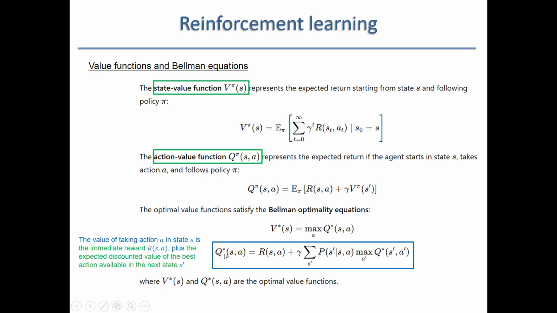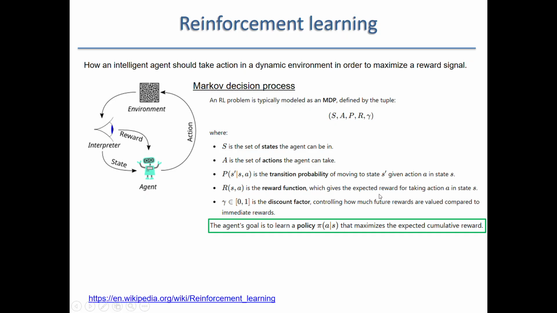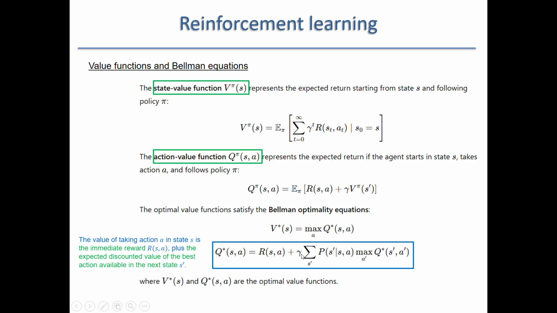The best action value function is the reward of taking action A starting in S. This was an expected reward, so it takes the whole sequence, plus gamma and then this term, which has to do with the probability.